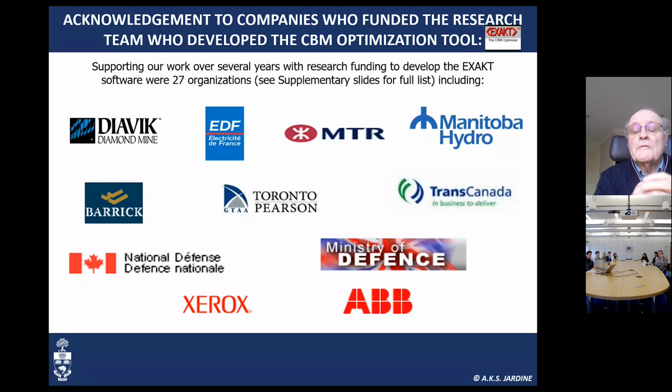Now, we had a lot of interest from industry, and the government of Canada encouraged academics to get support from industry. And if we got support from industry, then the government would match their funding. So I was able to develop a fairly healthy research group, and this is just an acknowledgement to some of the companies who've paid money to the university to fund a research group.